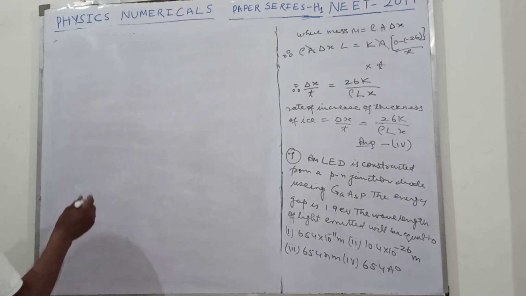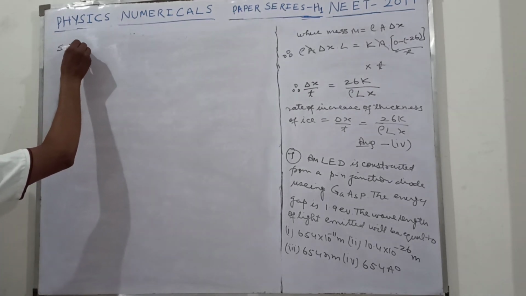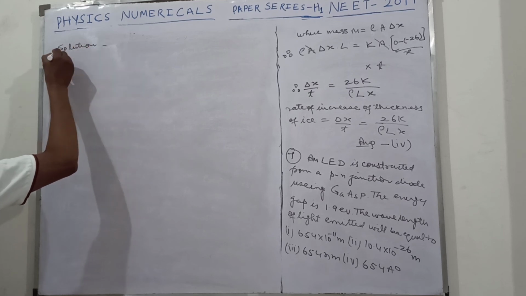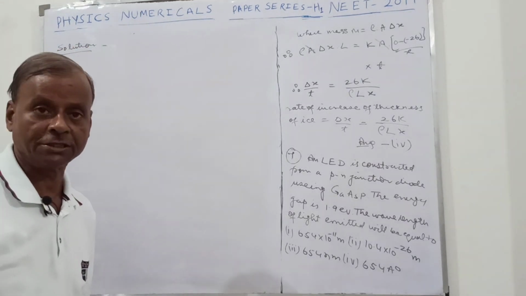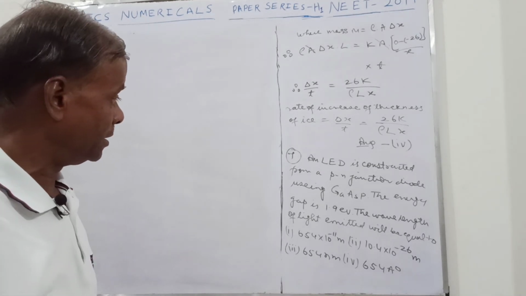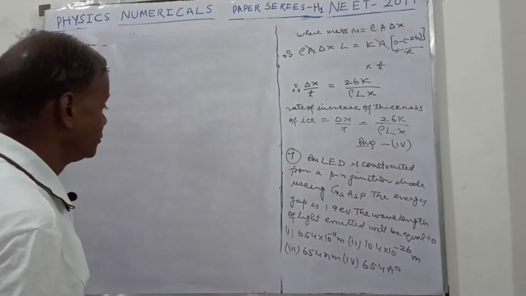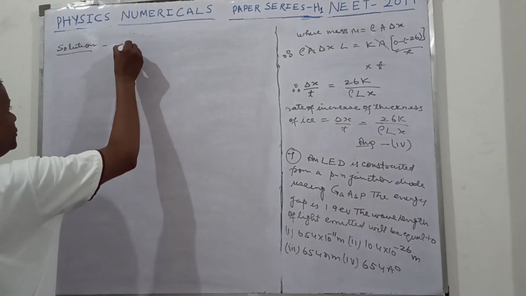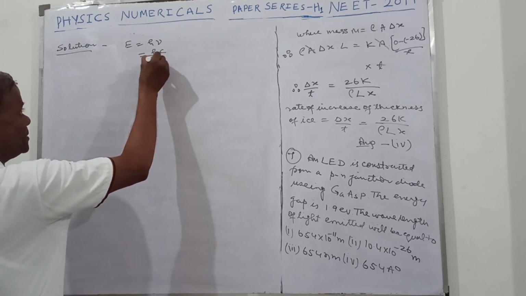Now here the solution is: the light will be emitted when the energy of the photon is equal to the energy gap or more than this. So now E equal to h nu, and hc upon lambda.